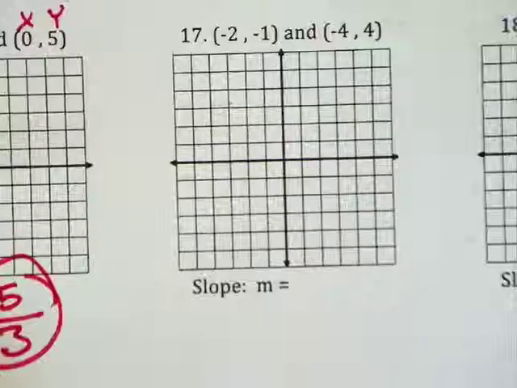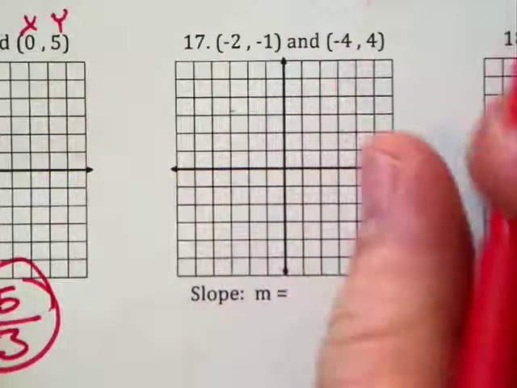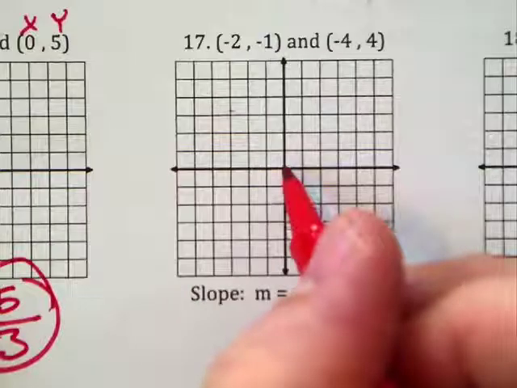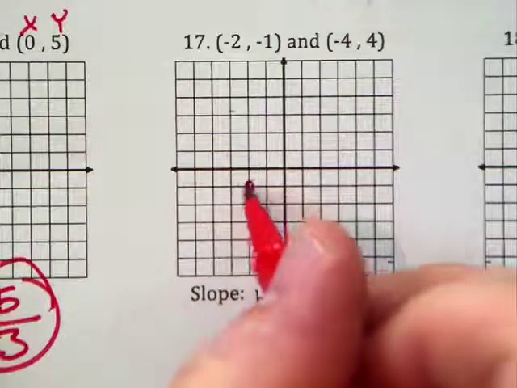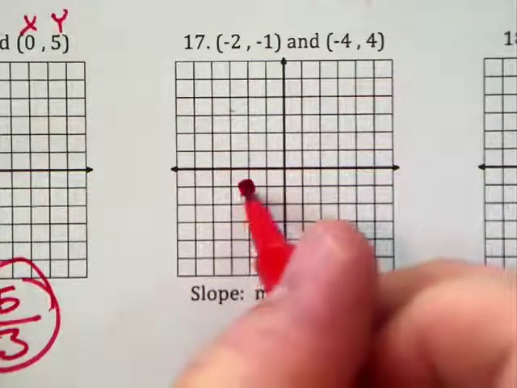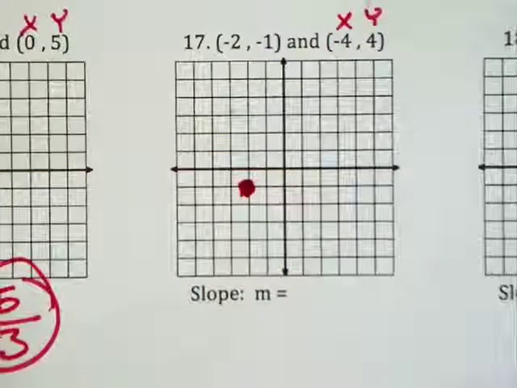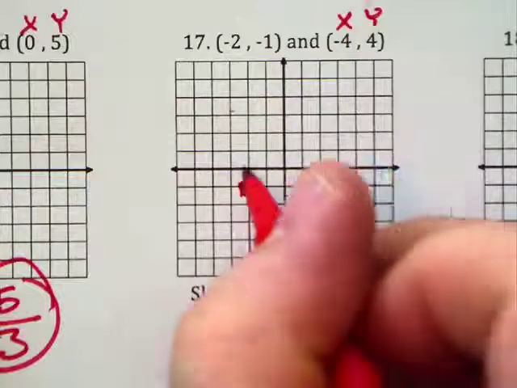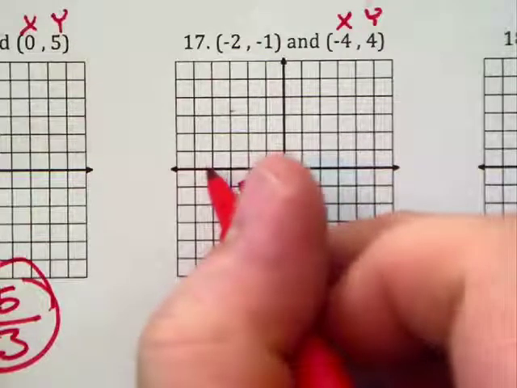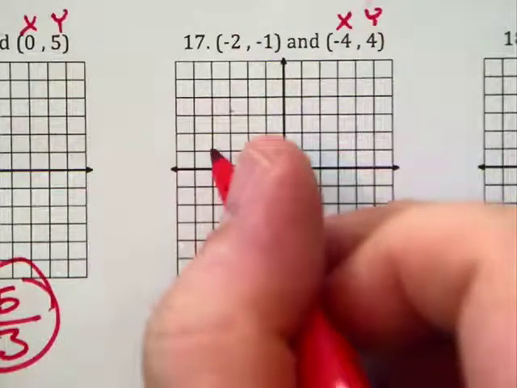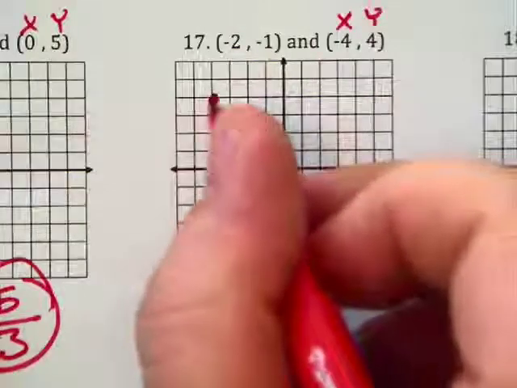Okay. The next one, number 17, we've got to plot (-2, -1). Okay, remember x, y. And then we plot (4, 4). 1, 2, 3, 4.